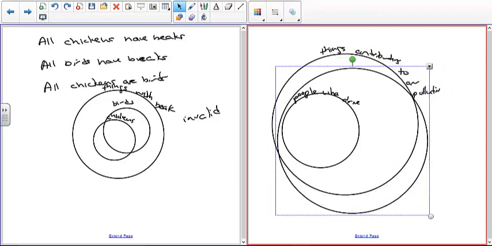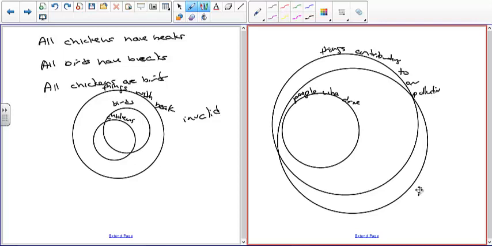So this is people who drive. This is just people. People who drive are a subset of people in general. Some of those people drive and contribute to air pollution. Some people who don't drive still contribute to air pollution. Some people don't contribute to air pollution at all.